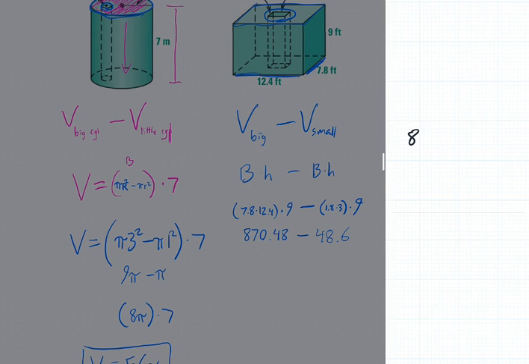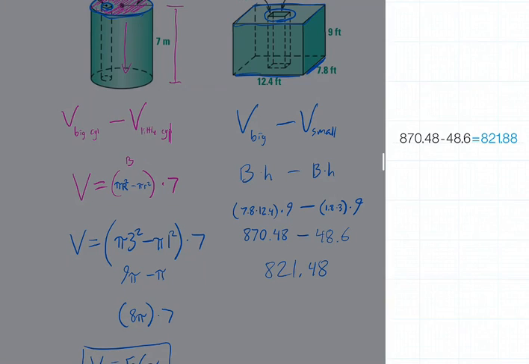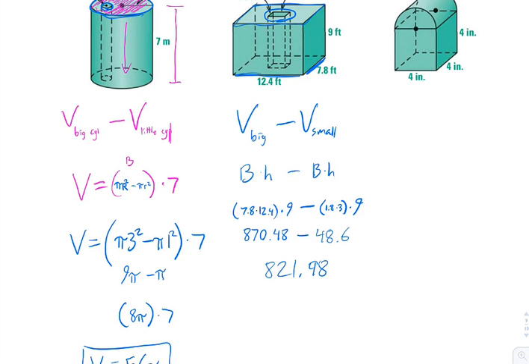So we've got 870.48 minus 48.6, and that gives us 821.88. Sorry, not 48, 88.